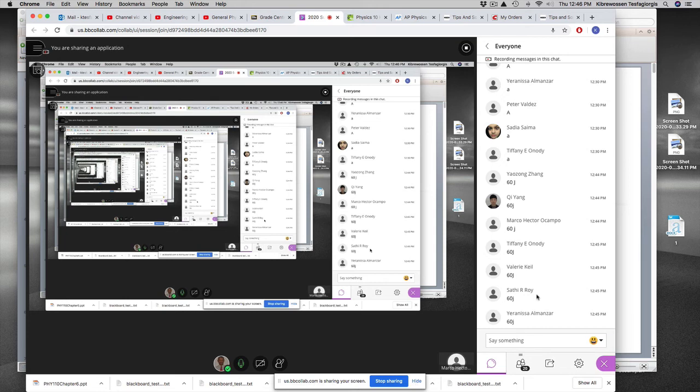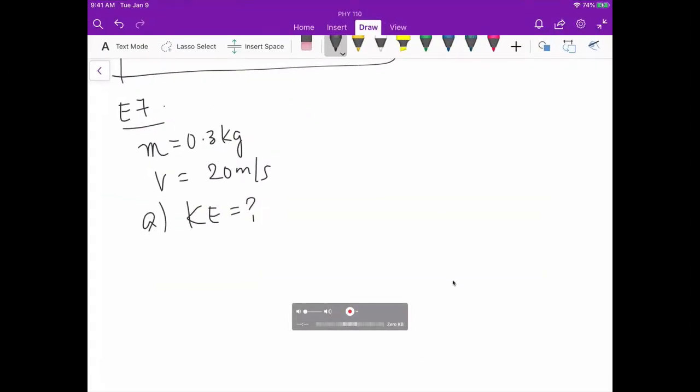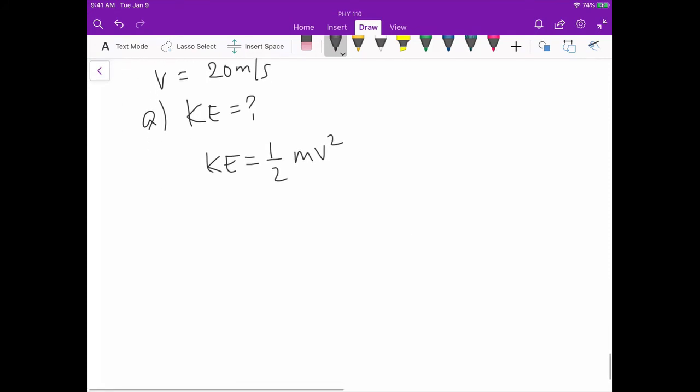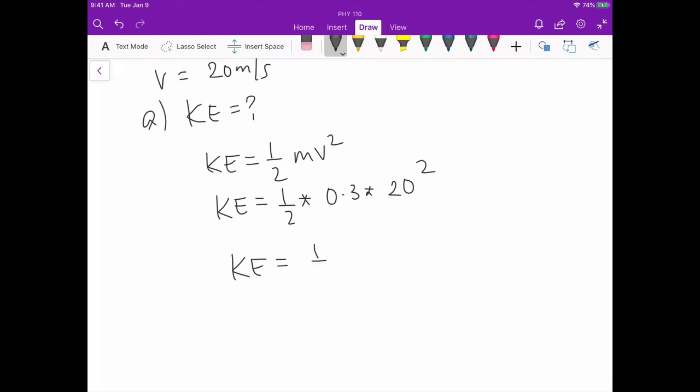All right. Very good. So this is just a direct application of the formula, right? Kinetic energy equals half times mass times v squared. So kinetic energy equals half, mass is 0.3, v is 20 squared. So kinetic energy would be half times 0.3 times 400, since 20 squared is 400.